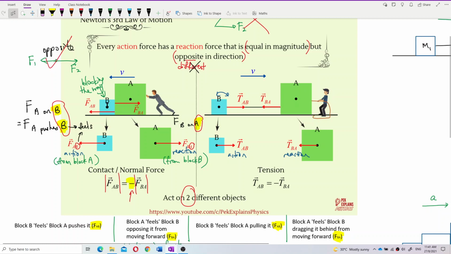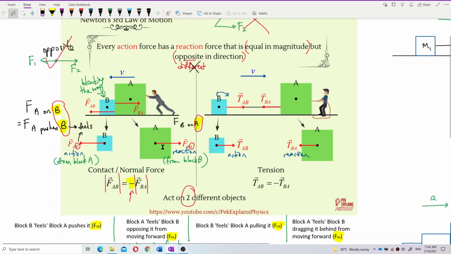Okay, we can say that B is being pushed forward by block A. A feels that block B is blocking the way. That's why we have FAB and FBA. The action force is like A pushes B forward. FBA is like B is blocking the way for block A to move forward.